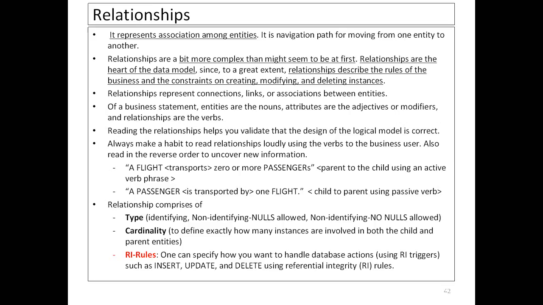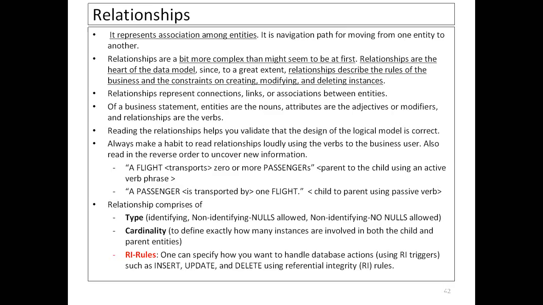A relationship comprises type, cardinality, and RI rules, or the referential integrity rules. Type is identifying or non-identifying. Non-identifying types are further classified as nulls allowed or no nulls allowed, while cardinality defines how many instances are involved in both the child and the parent entity for that relationship.